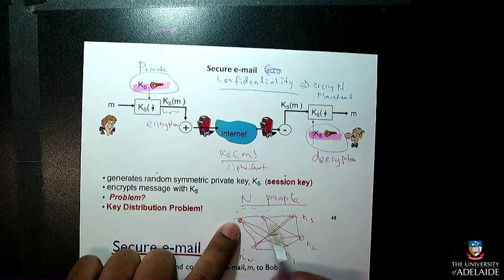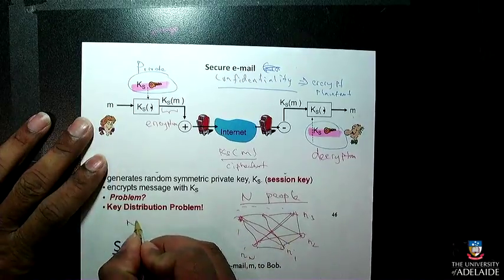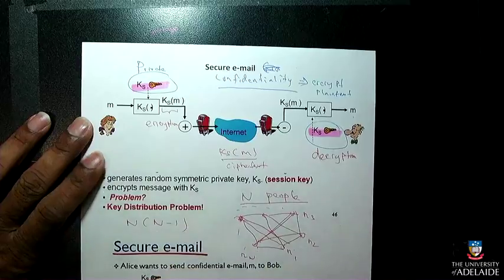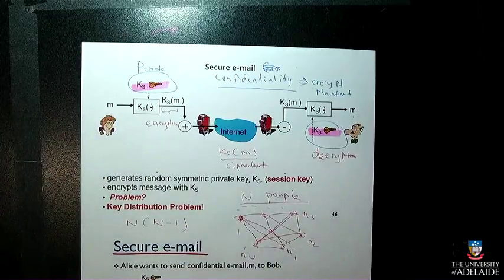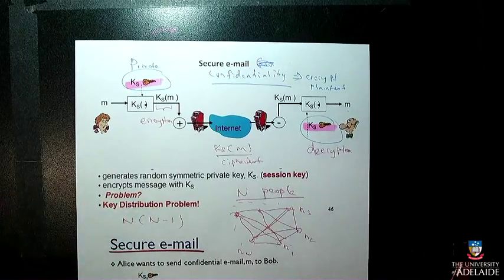He has N minus 1 people to communicate with. So you need N times N minus 1 keys. Each person needs N minus 1, and there are N people. So if you had 1,000,000 people, you need a million times a million minus 1. So roughly 1,000,000 times 1,000,000. Is that feasible?